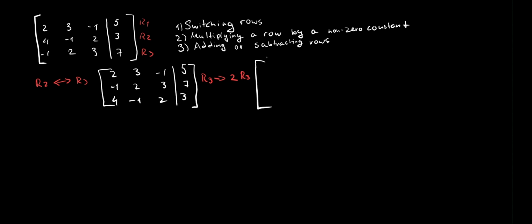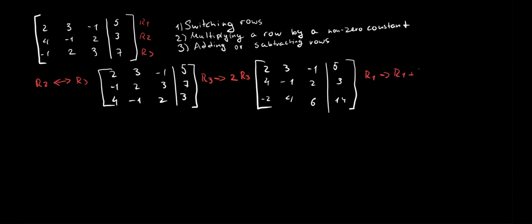And we are gonna get... now let's add row 2 to row 1. So we're gonna write as row 1 will be row 1 plus row 2.